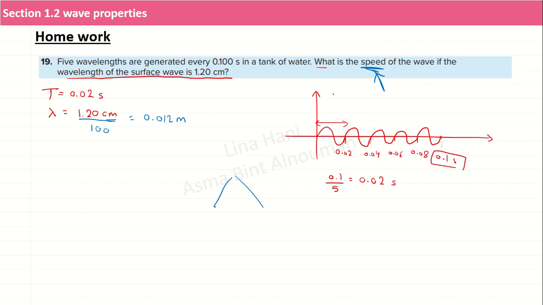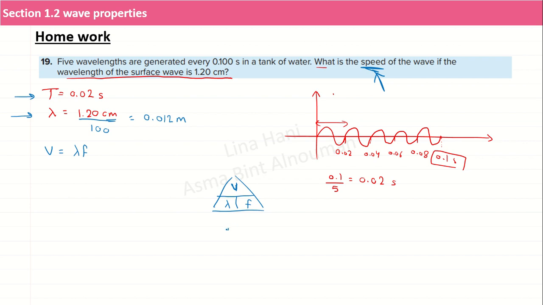Now if I want to use a triangle, v, lambda, f, you can see that to find the speed, I need to multiply lambda and f. So the speed of the wave is equal to lambda multiplied by the frequency. But unfortunately, I don't have the frequency in the known list, though I do have the period, however. That rings another bell.